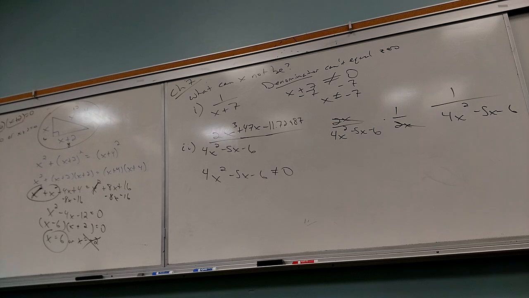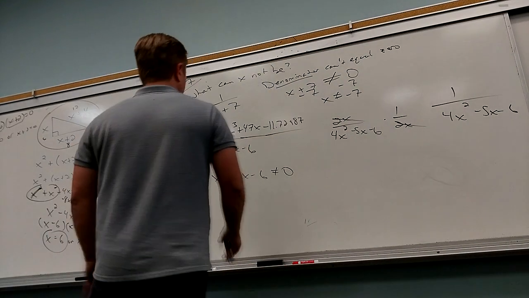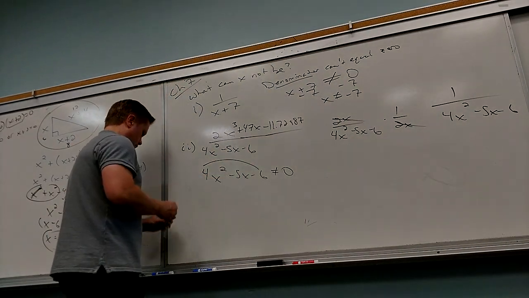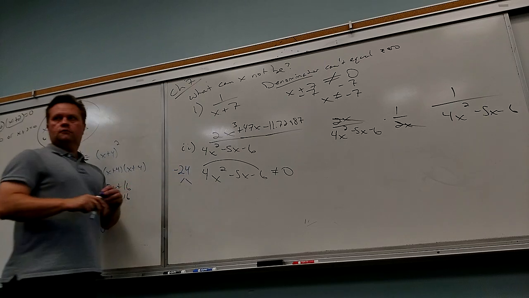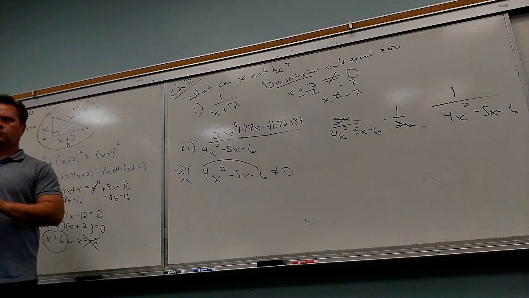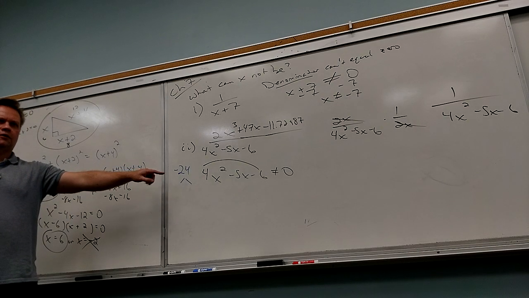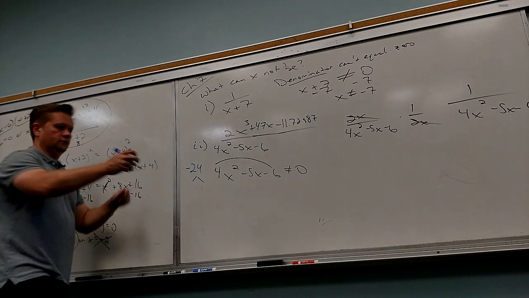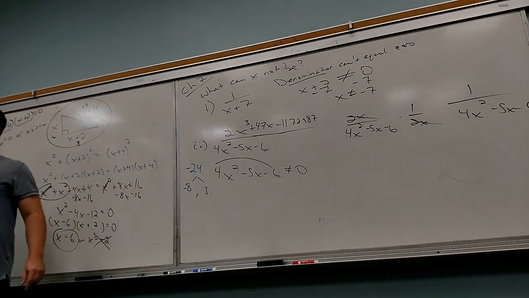Oh, that's what's going on. They won't make negative 5 though. I just, yeah. 8 and 3. Good, negative 8 to make it come out negative 5 in the middle.